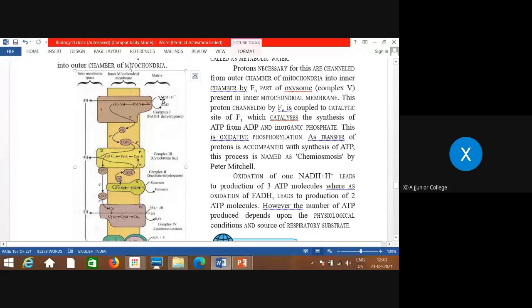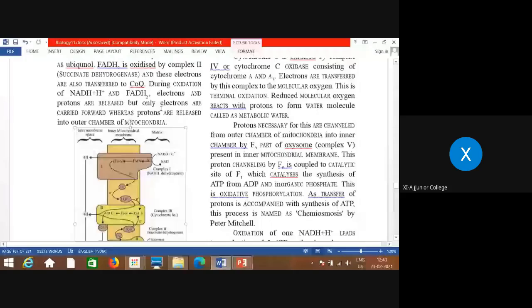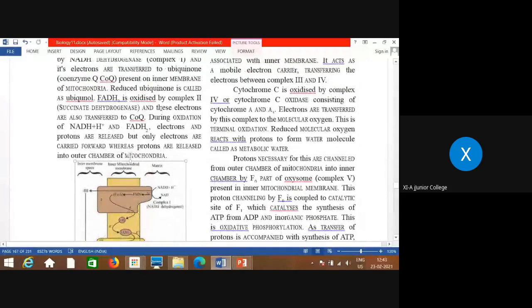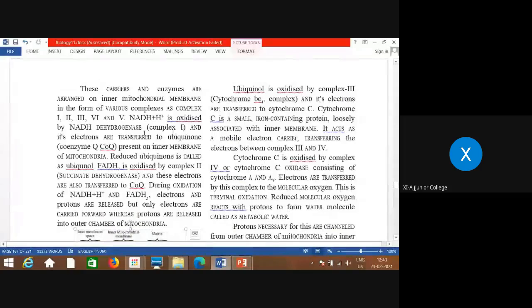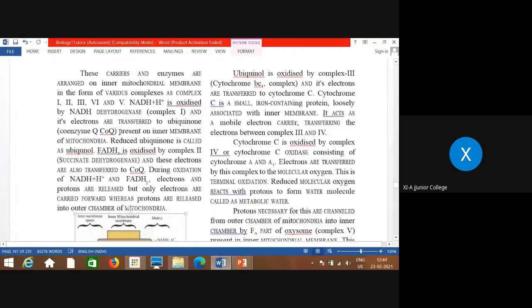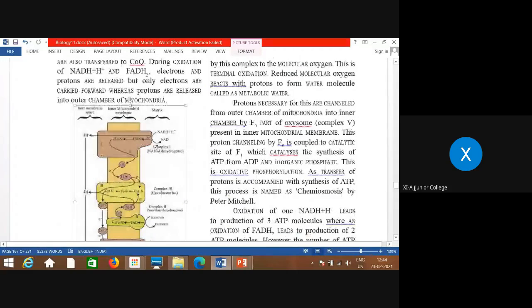In the presence of NADH dehydrogenase it is converted into NAD; oxidation-reduction reactions are taking place. NADH2 and FADH2 are oxidized by the enzyme NADH dehydrogenase, that is complex 1.